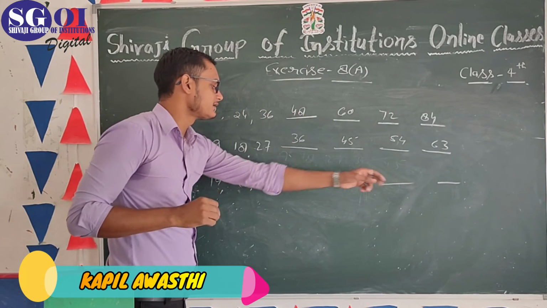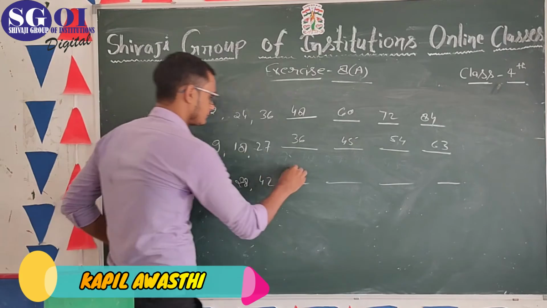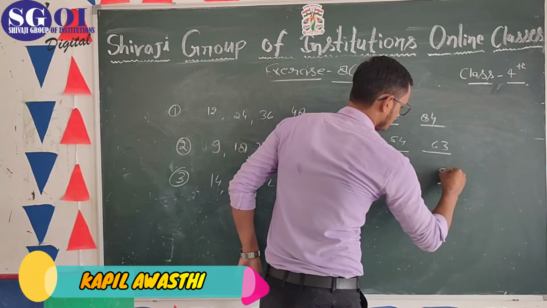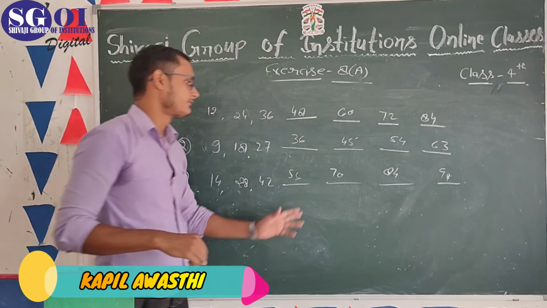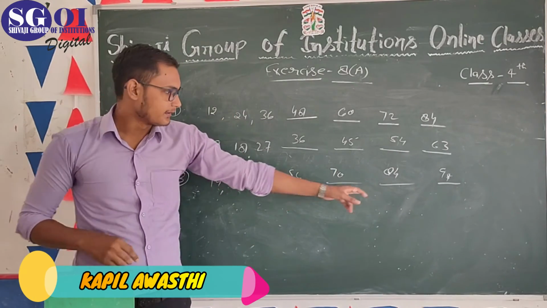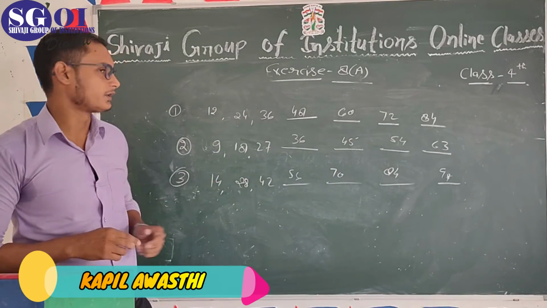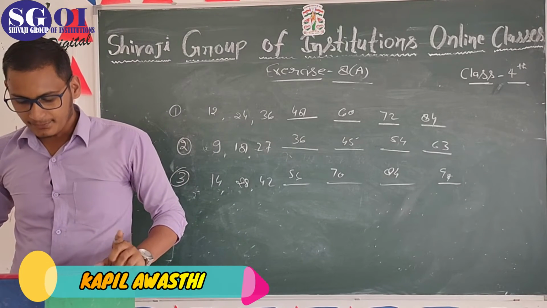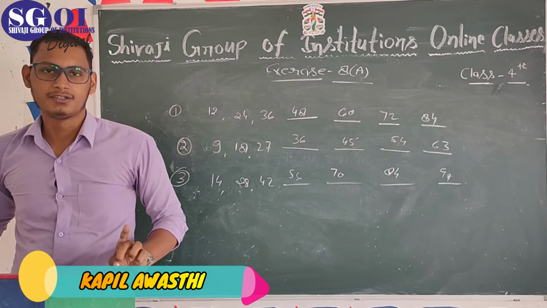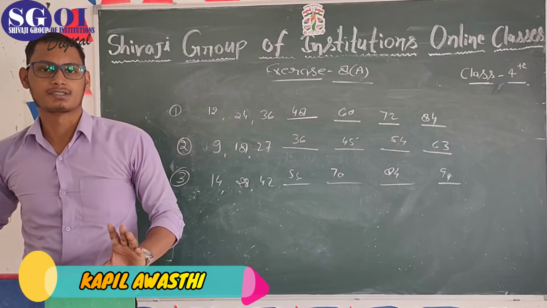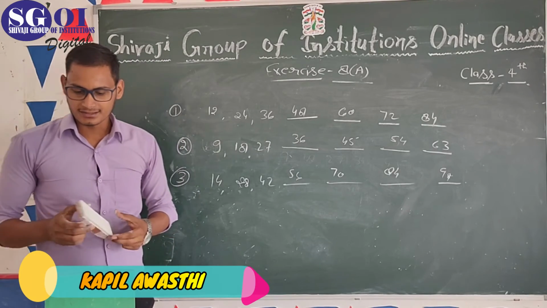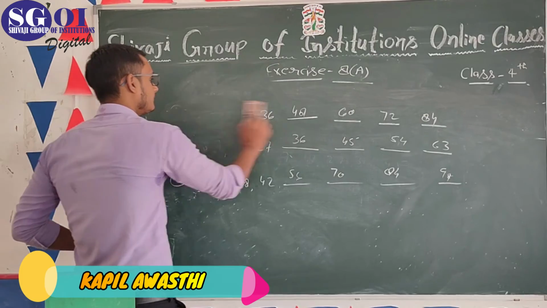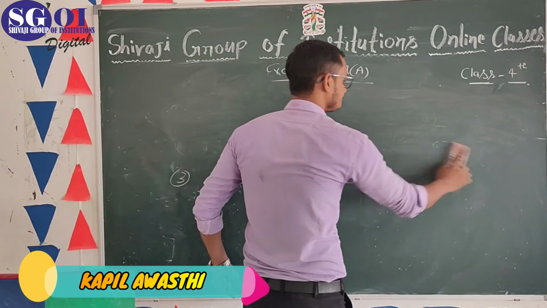Next 4 multiples of 14. Okay, understood? Question number 4, 5 and 6, you have to do these three questions yourself. Okay. Next part C, answer the following questions.